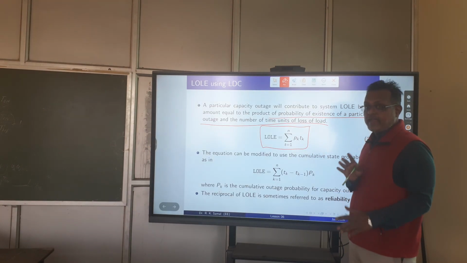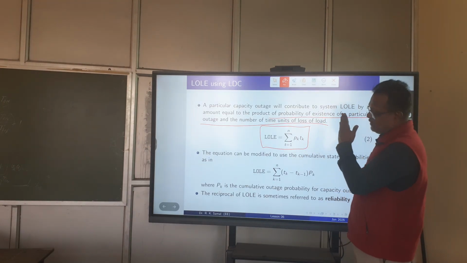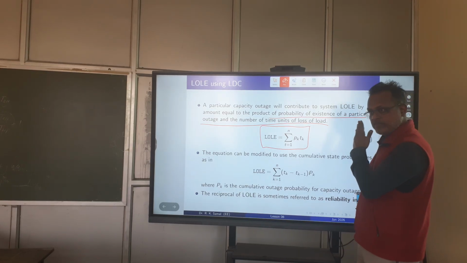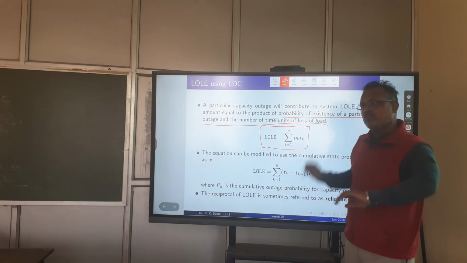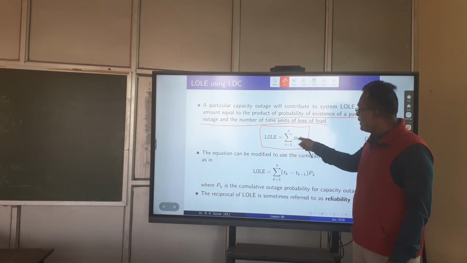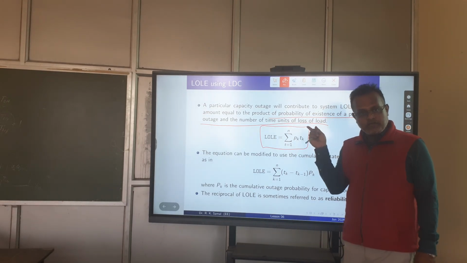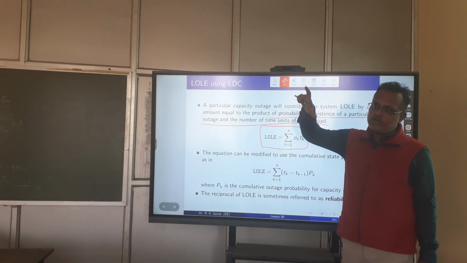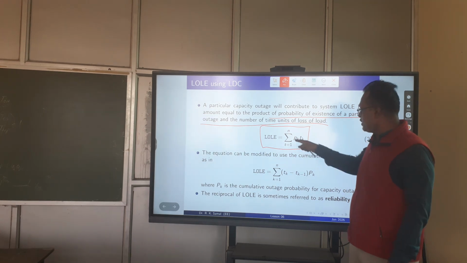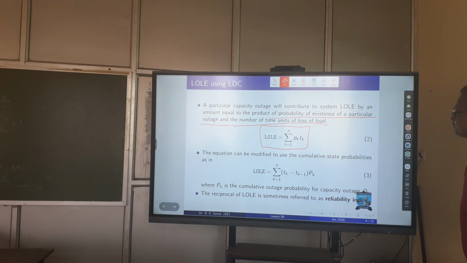So as I said, for the particular case, anything within 0 to Tk, if the capacity outage is more than Ok, the loss of load will occur. So the time Tk will be taken from the curve, and Pk will be the value of that outage from the capacity outage probability table.